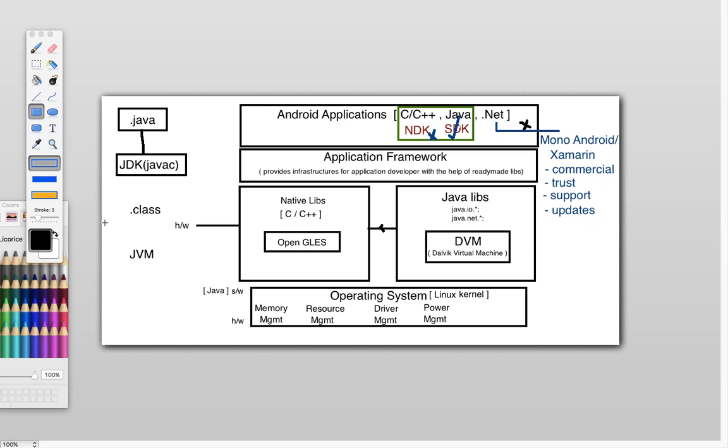The same process up to this point. Next, this Java bytecode we will not submit to JVM. This JVM is replaced with a DVM. We'll submit the .class file to DVM.